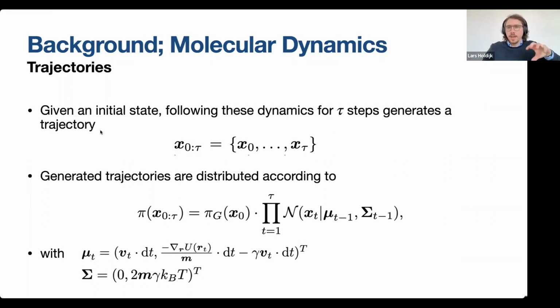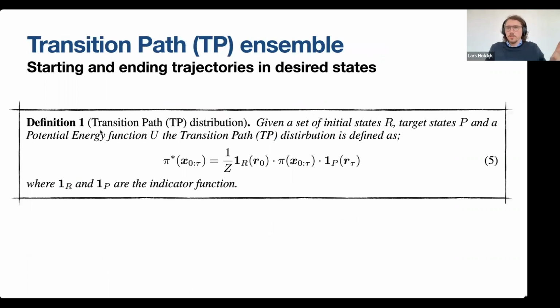So we need to add some things to this distribution over trajectories to get the transition path distribution. Right, so now we have a set of initial states R. These can be the reactants of a chemical reaction, can be native states of proteins.